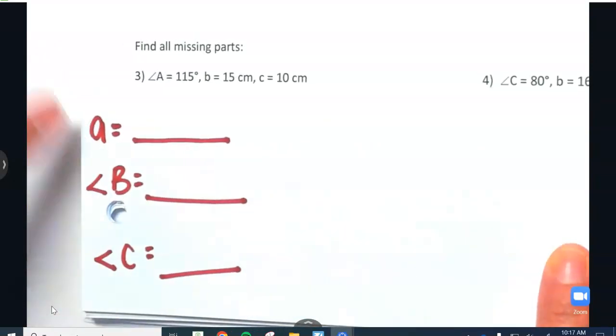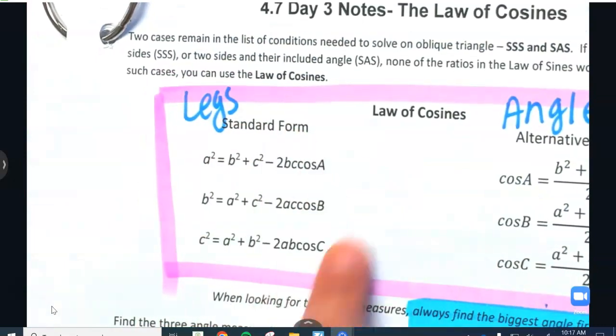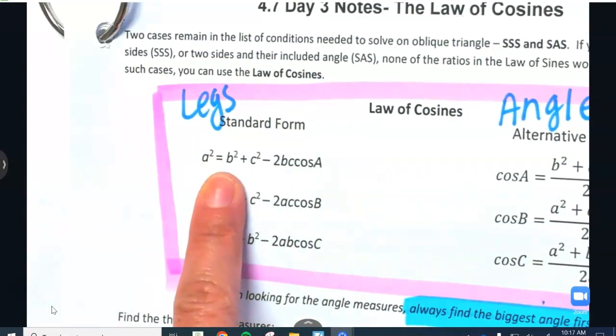So if legs are always lowercase letters, then I'm going to be focusing on the left side of this form. All right, let me get this out of the way because apparently I have way too much stuff here. Let me rewrite this so I have plenty of room to show you guys.